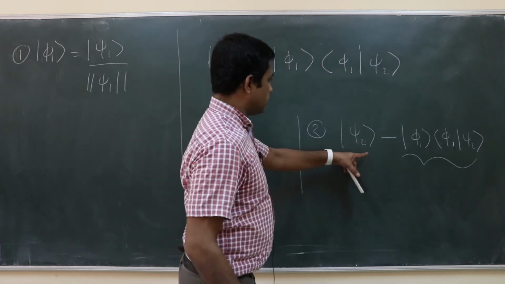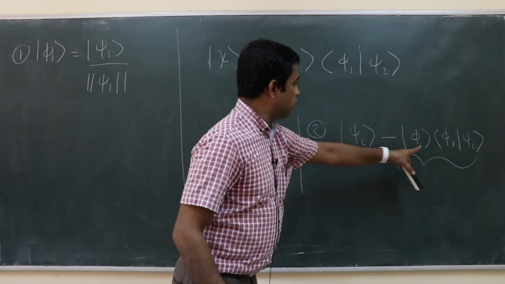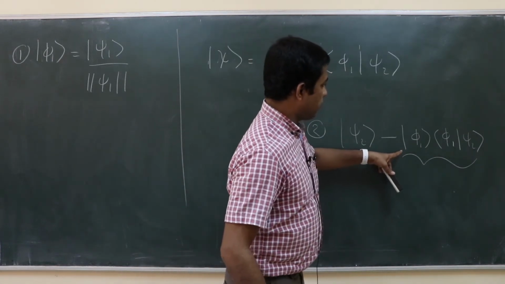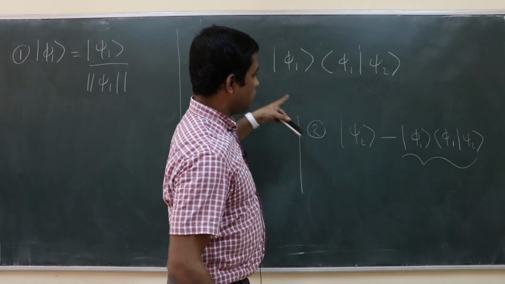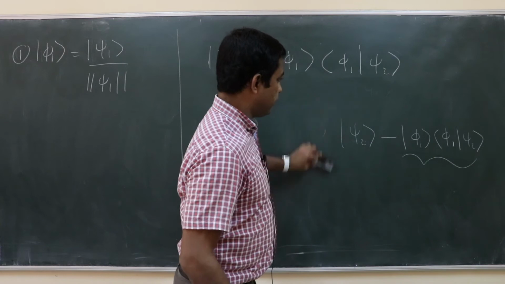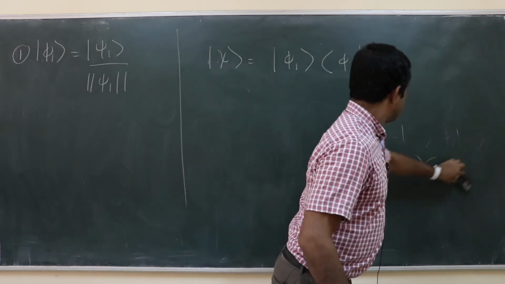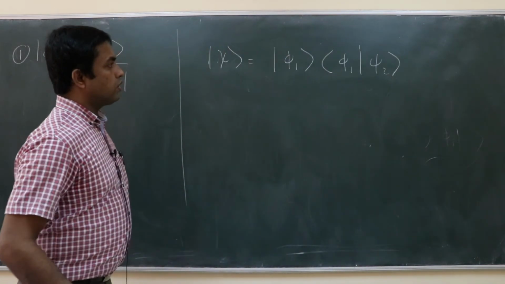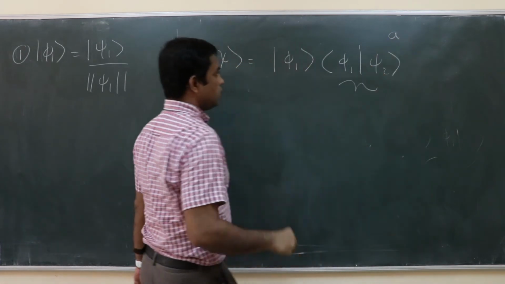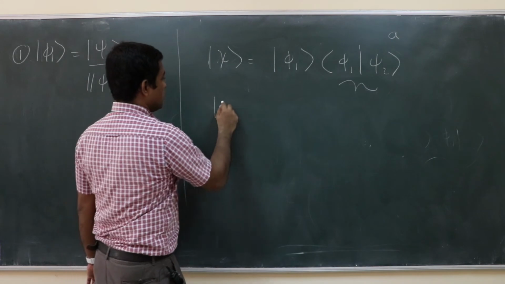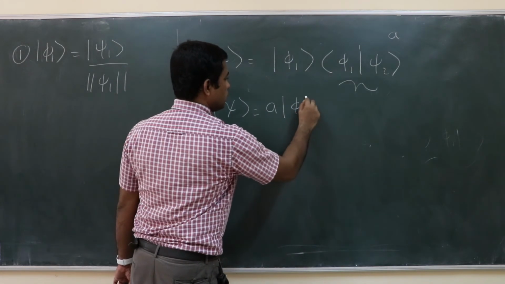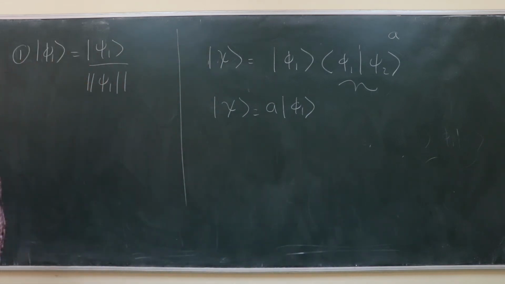We will come back to this because finally we have to find the norm of the full vector. I have written this down to find the bra of this. The second term I can call A, so I can write chi as A ket phi1.